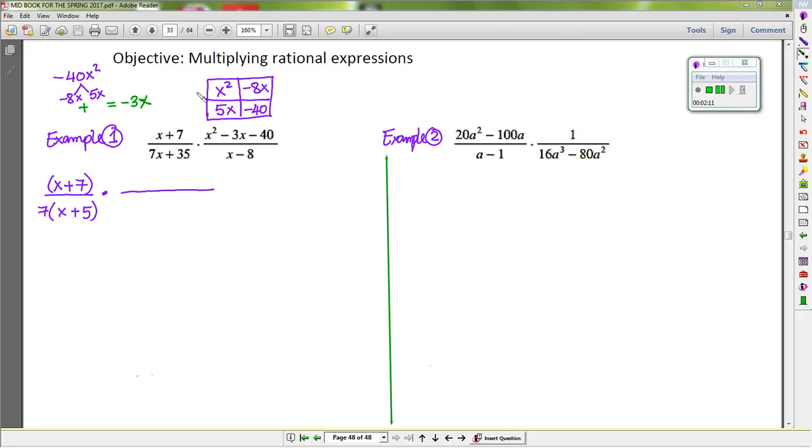Then I'm going to the rows now. For the first row, I'm going to look for the greatest common factor. Here x squared and negative 8x, so x will be my greatest common factor. And row number 2, 5 will be my greatest common factor.